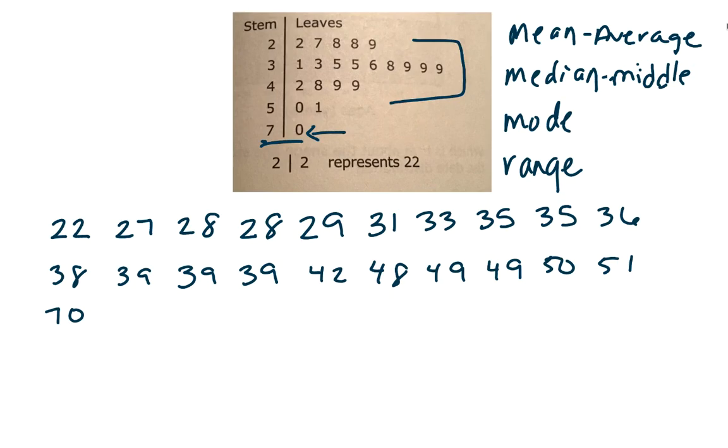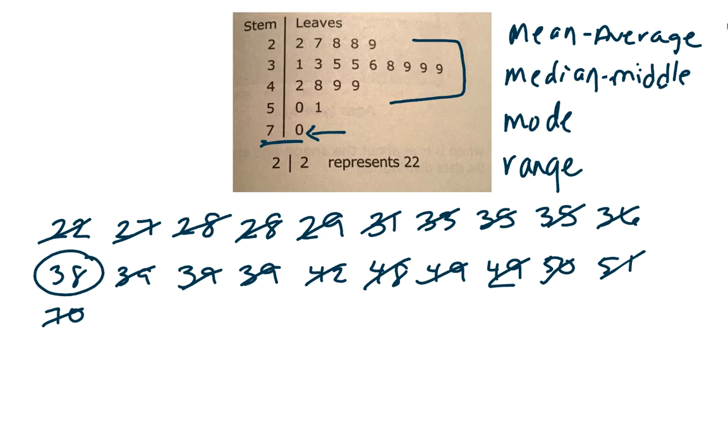And then we just kind of eliminate the numbers, one from the greatest, one from the least, and we keep going until we get to whatever number's in the middle. So I gotta do this in order. The number that ends up being right in the middle is 38 for this data set. So the median would be 38 for this set of data, or the number that's right in the middle.